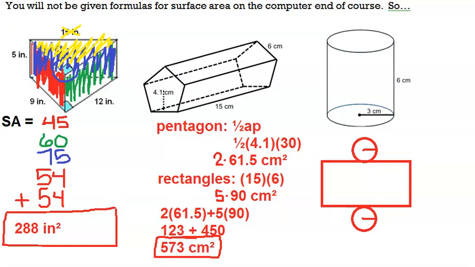Nets are actually a great way to approach surface area, because if you draw the net out, then you can see every single surface in action. The reason I bring that up is because when you're dealing with a cylinder, it is very hard to visualize what is going on in a 3-dimensional manner. So I want you to think of it as a can of soup.